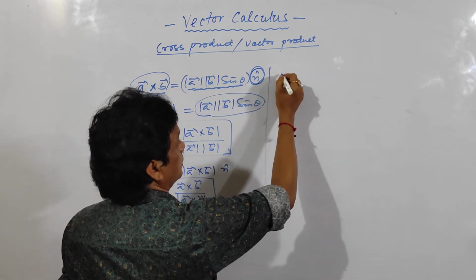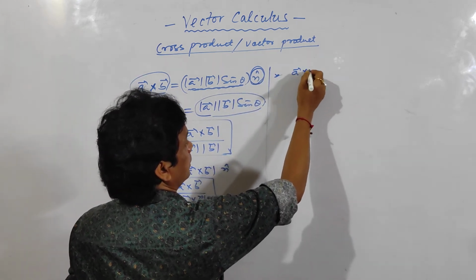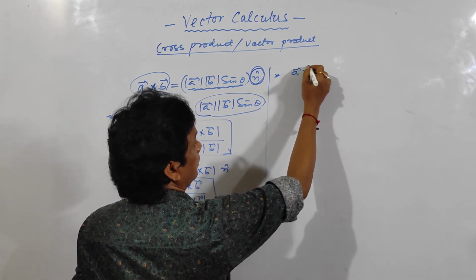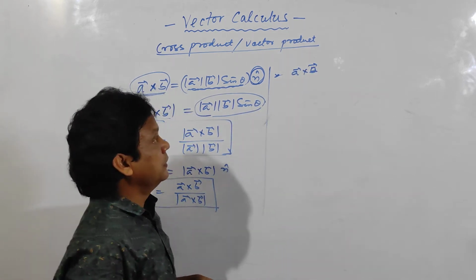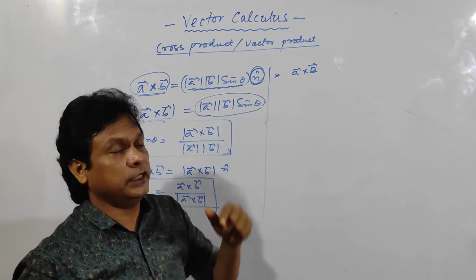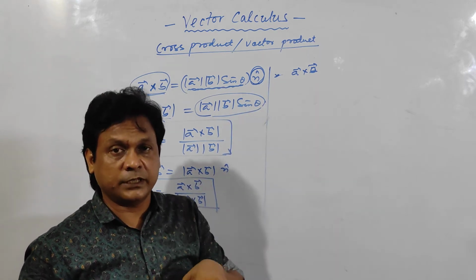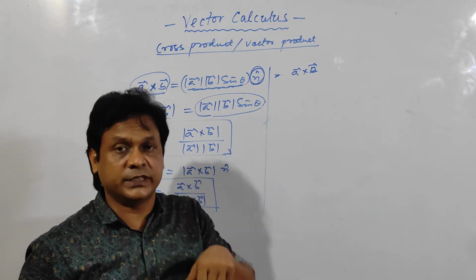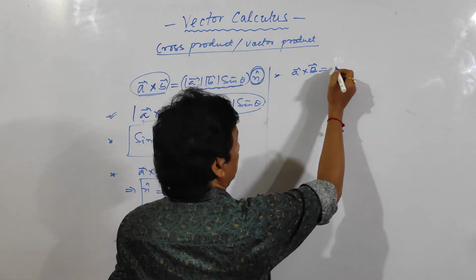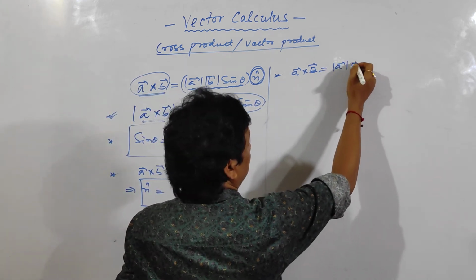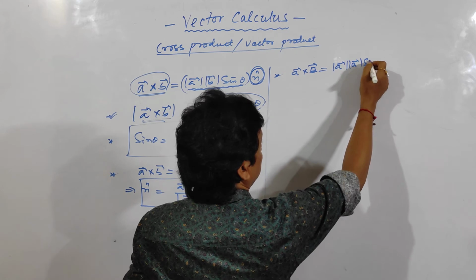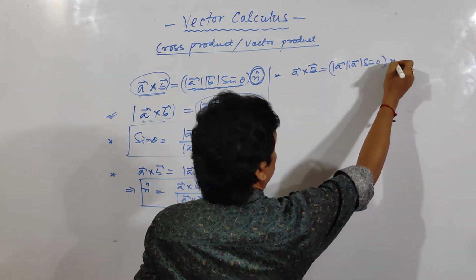What is A vector cross A vector? A cross A, and the angle between A and A is 0. That means the vector makes an angle of 0 degrees with itself. So I can write mod A into mod A into sin 0 into n cap.